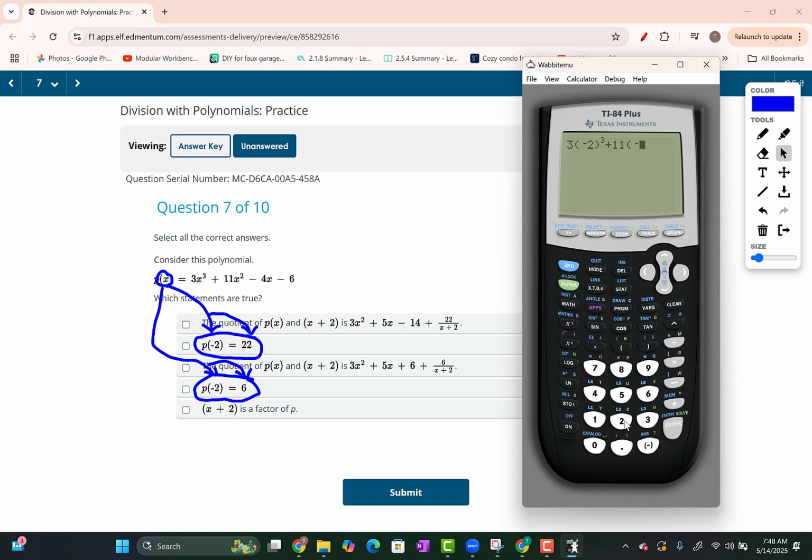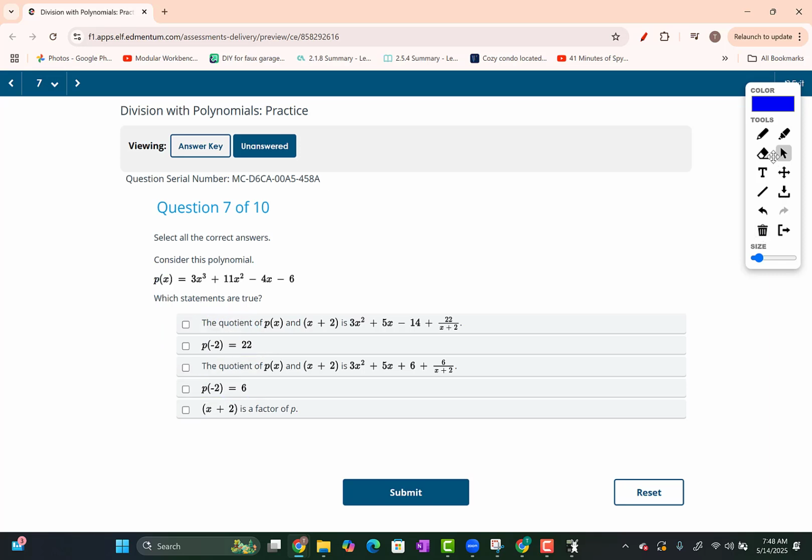And I'm assuming I'm going to either get positive 22 or 6. I'm assuming it's not going to be neither one of those. Yeah, positive 22. So here's one answer.